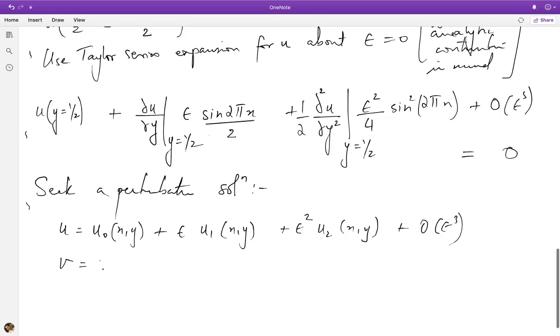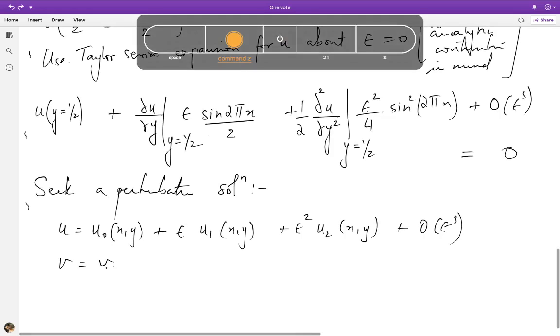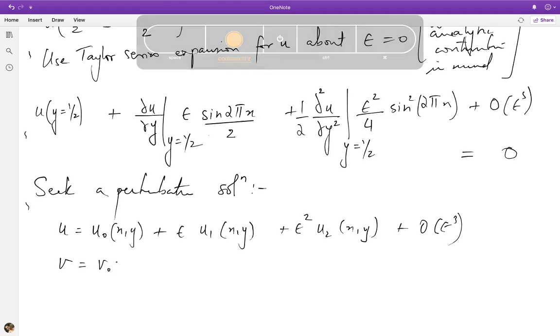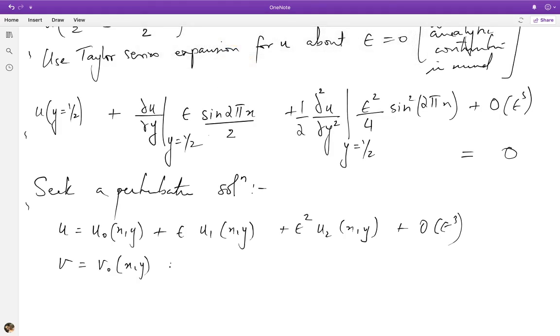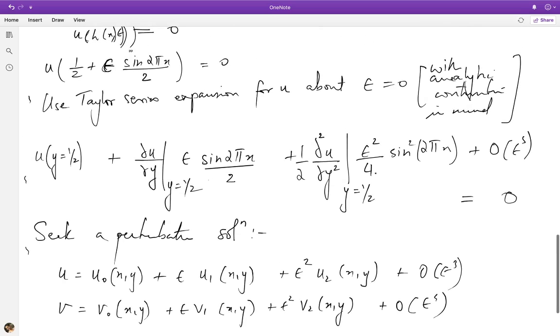Similarly for V, right, so the dependence of V on epsilon is only its no slip boundary condition at the Wavy-Wall, which has the same form as what we've written here for U.